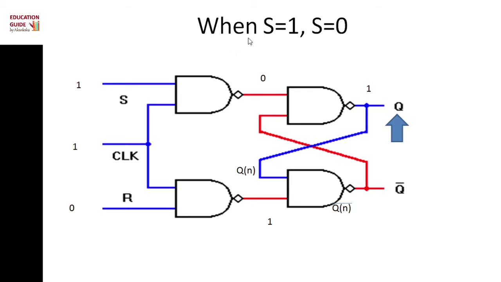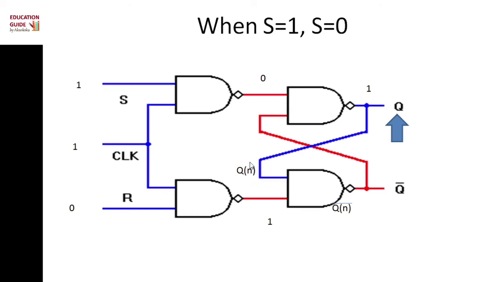Third condition, S is 1 and R is 0. Then in the above NAND gate we can find the output is 0. In the below NAND gate, if we give inputs 1 and 0, then we can find output 1. Firstly consider the bottom NAND gate, and here we consider Qn as input.